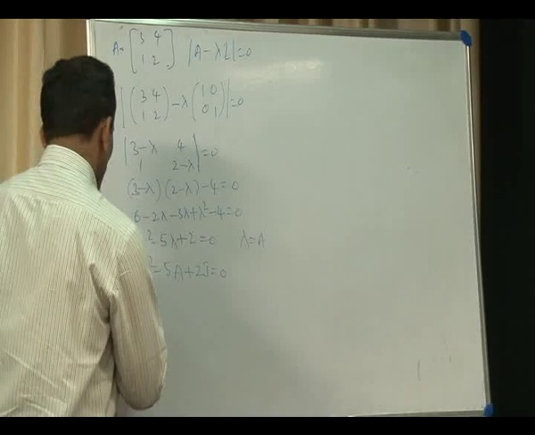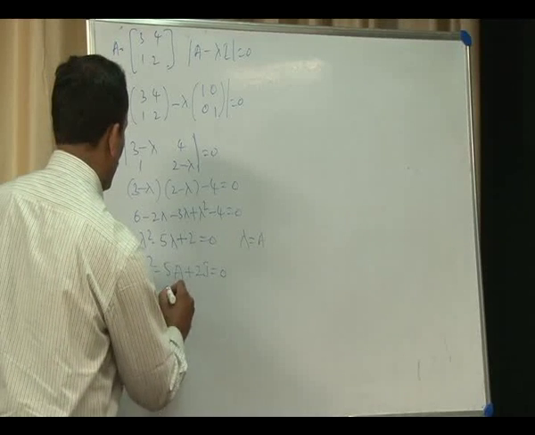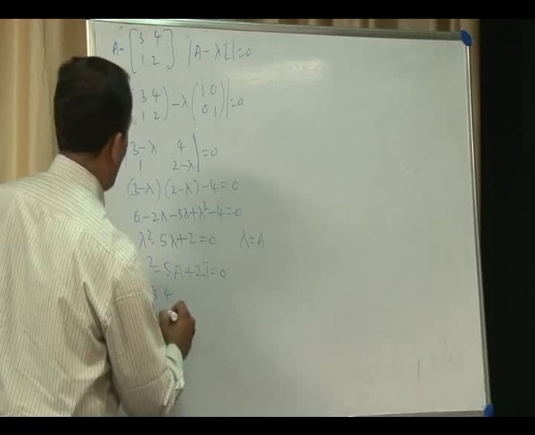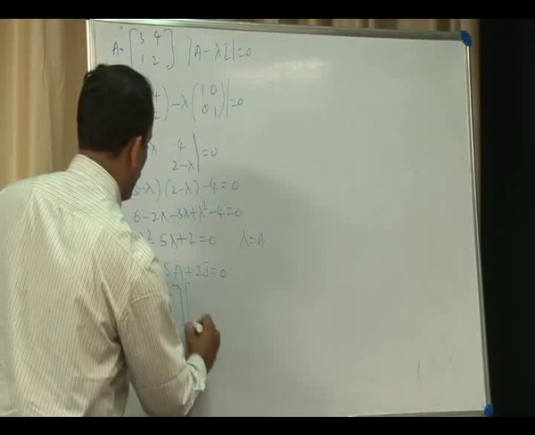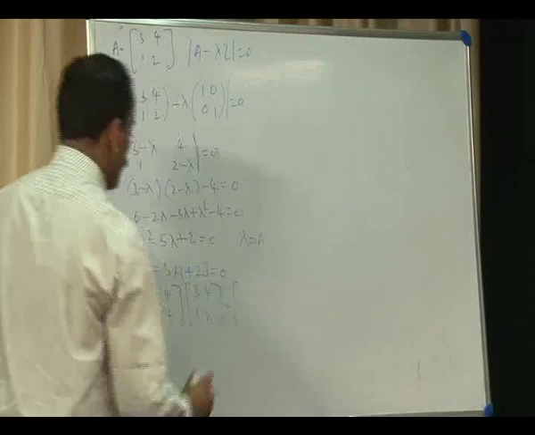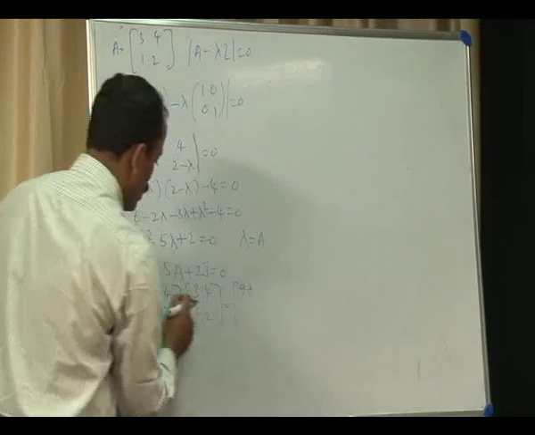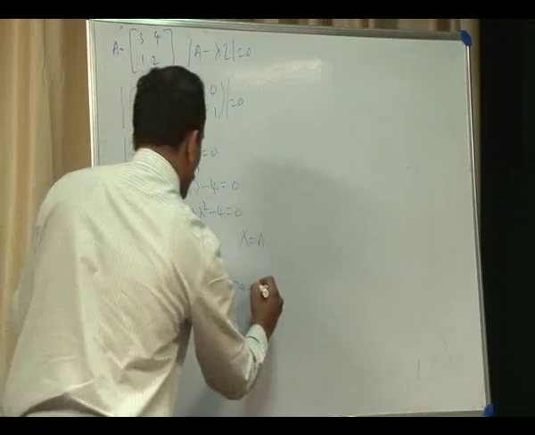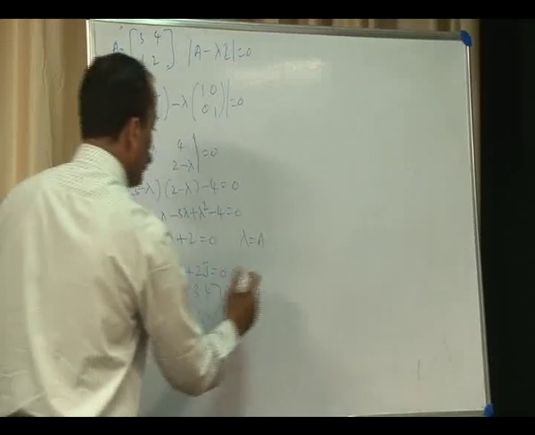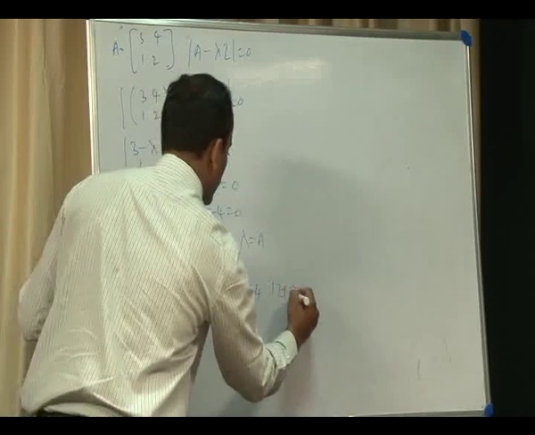Now, let us find A squared. A squared is equal to [3 4; 1 2] times [3 4; 1 2]. First row first column: 3 into 3 is 9 plus 4 into 1 is 4, 13. 3 into 4 is 12 plus 4 into 2 is 8, 20.